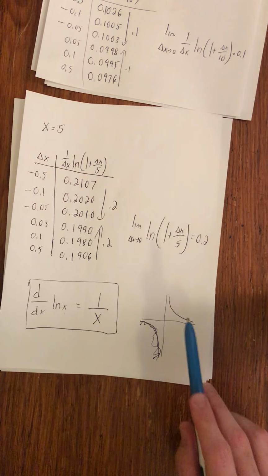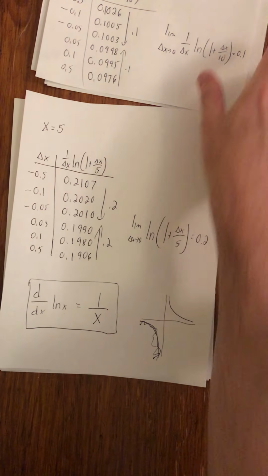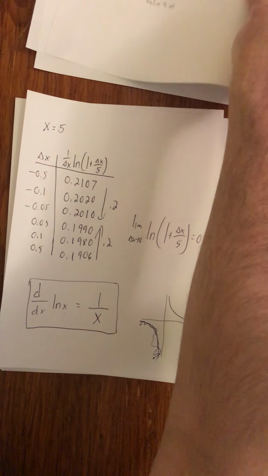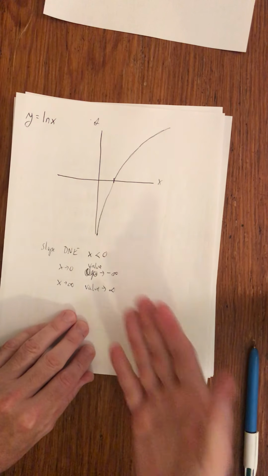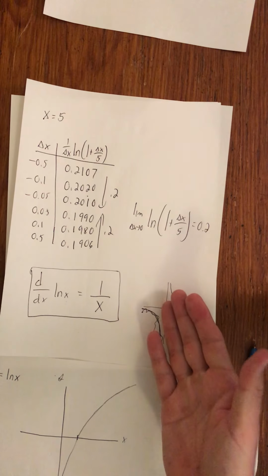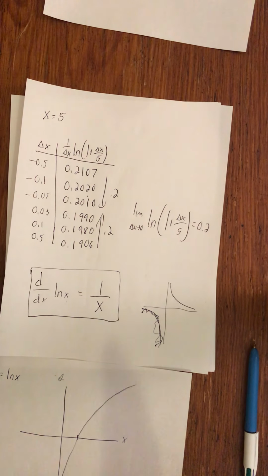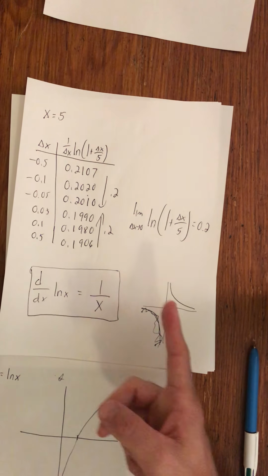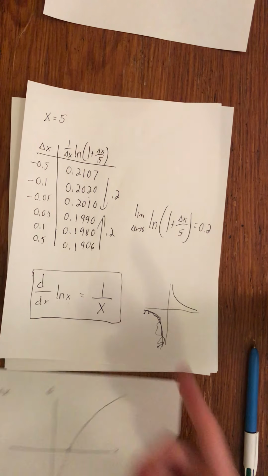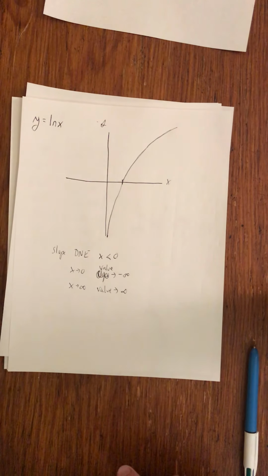Now, does this obey everything that we said it needed to? Well, we said the slope doesn't exist at 0 and at values less than 0. Yep, there's an asymptote here at x equals 0, and the argument I just made about not plugging in negative values means I don't have to worry about this second half of the hyperbola. Done.